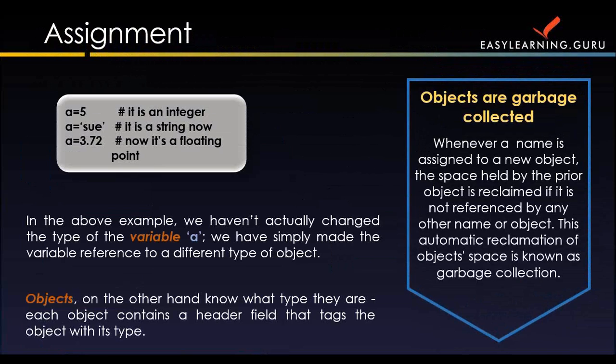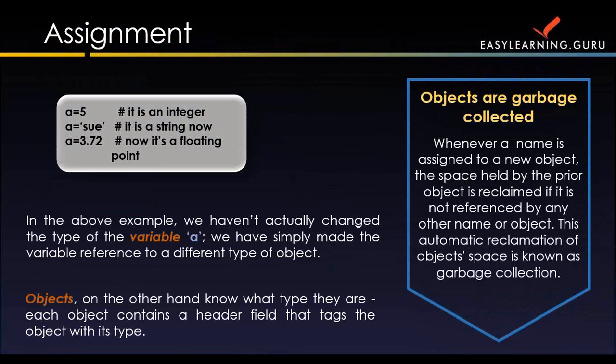The object space is automatically thrown back into the free space pool to be reused for future objects. Internally, Python accomplishes this by keeping a counter in each object that tracks the number of references currently pointing to that object. As soon as this counter drops to zero, the object's memory space is automatically reclaimed.